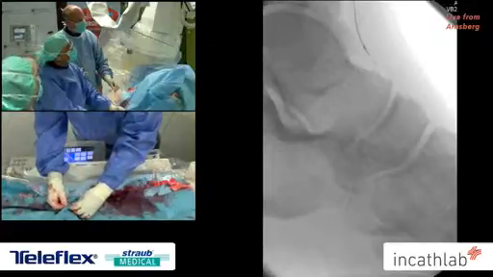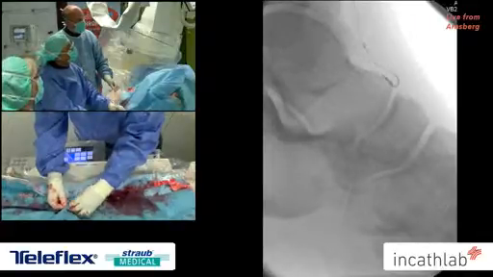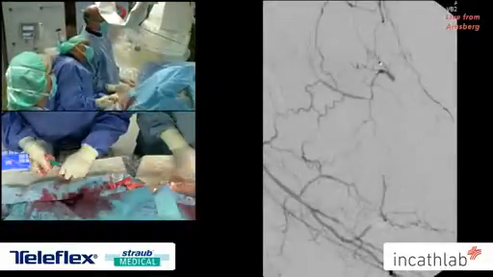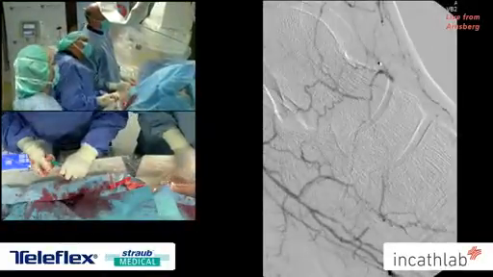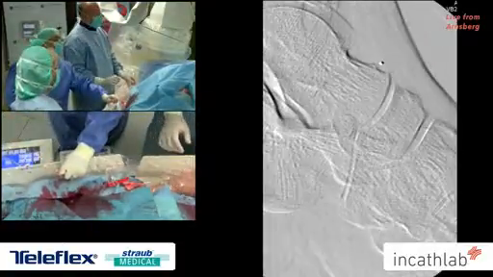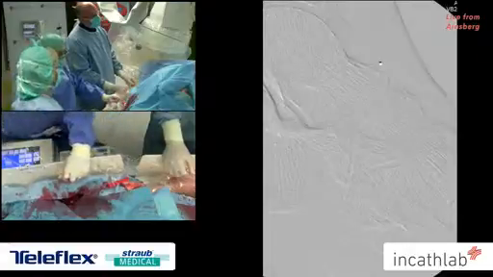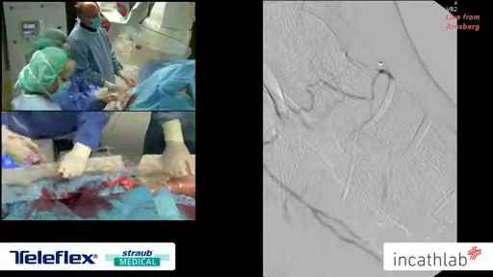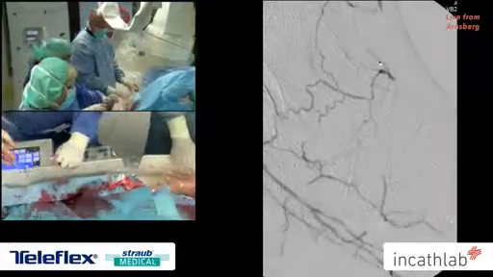We decided to do a next step treatment. You can see here the outflow and the absence of the dorsalis pedis there. It's a typical anatomical variation.